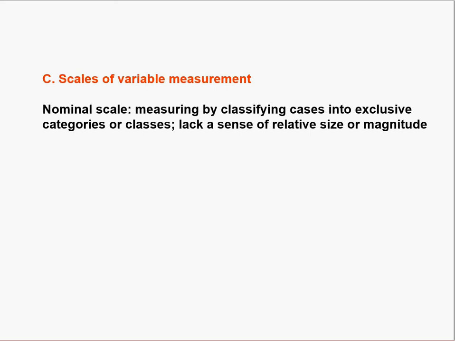People's names are also an example of the nominal scale of measurement. The different countries, different occupations, and different colors. These are all things that are different kinds of things.